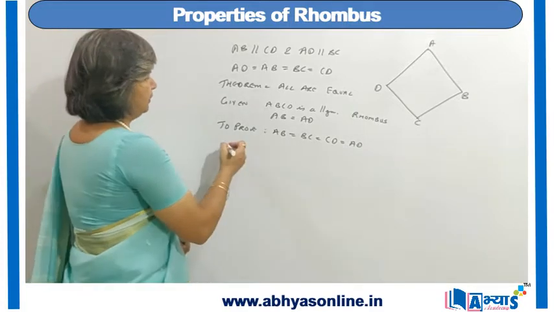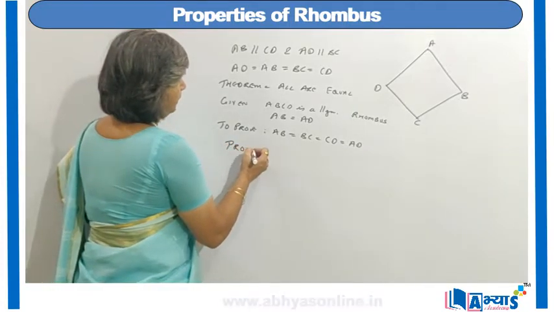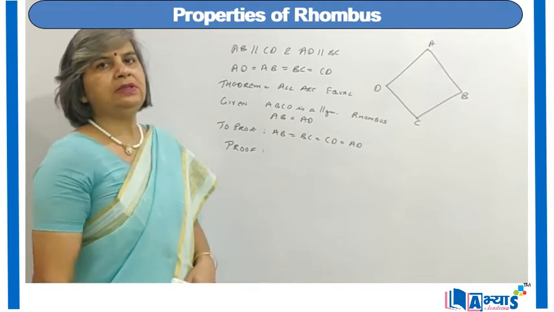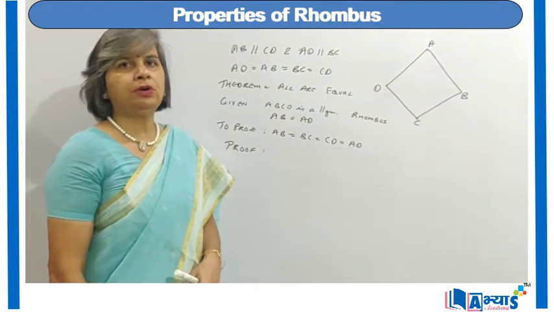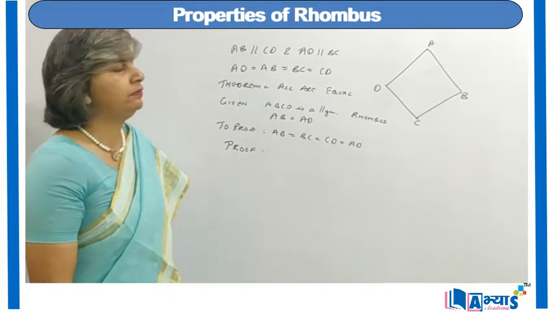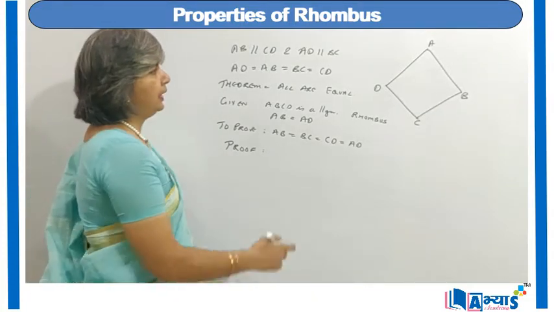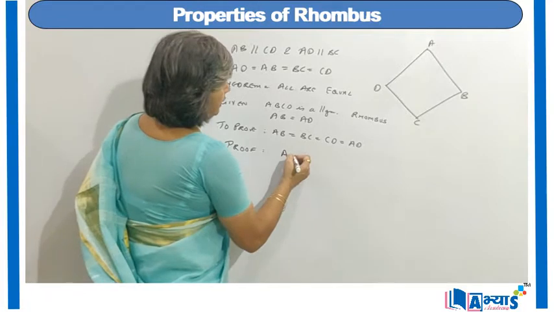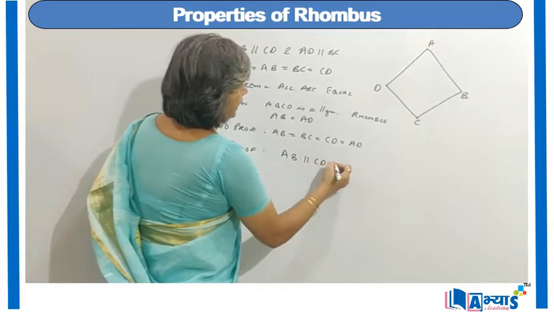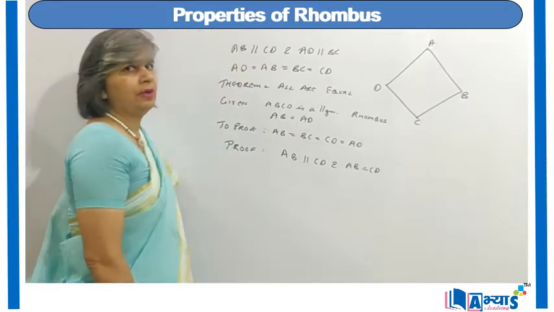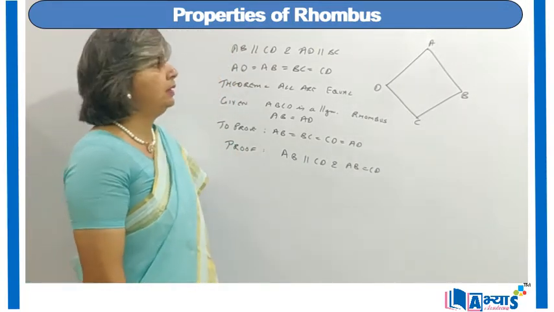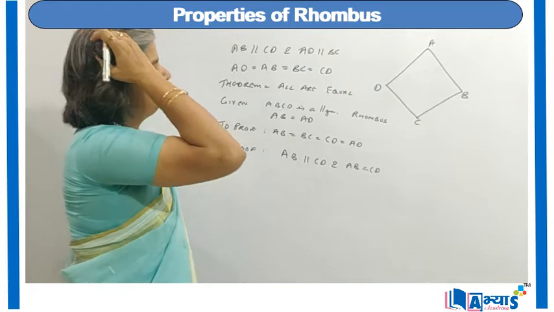For this, the proof will be, as we know that ABCD is a rhombus, so ABCD is also a parallelogram because all rhombuses are parallelograms. As ABCD is a parallelogram, AB is parallel to CD and AB is equal to CD, because in a parallelogram opposite sides are parallel and equal to each other.